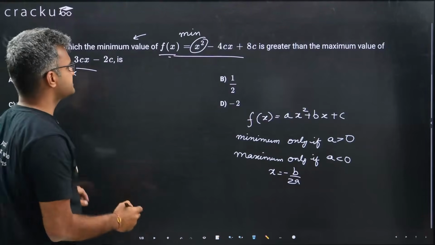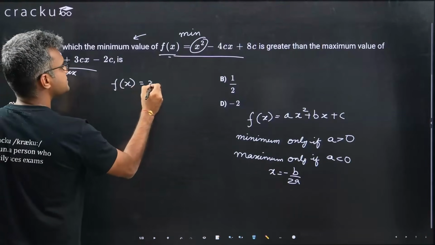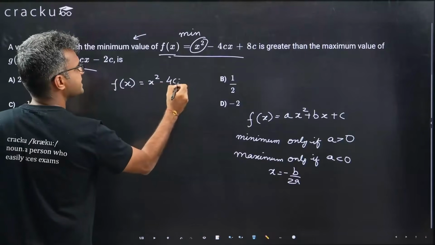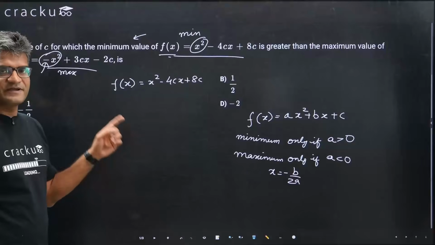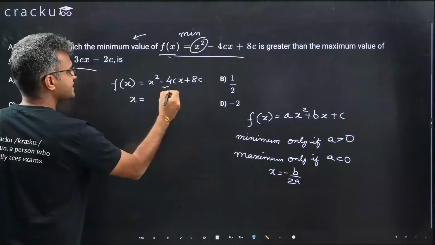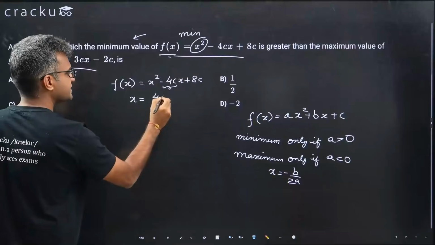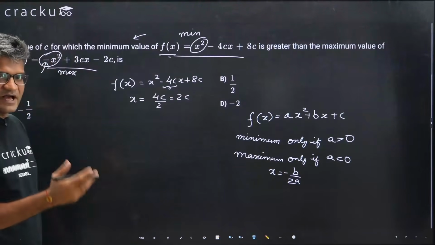Let us look at f of x. f of x is x square minus 4cx plus 8c. Now, at what point does it have its minimum value? It will occur when x is equal to minus of minus 4c, which is 4c, divided by 2, which is equal to 2c. So, what is the minimum value?